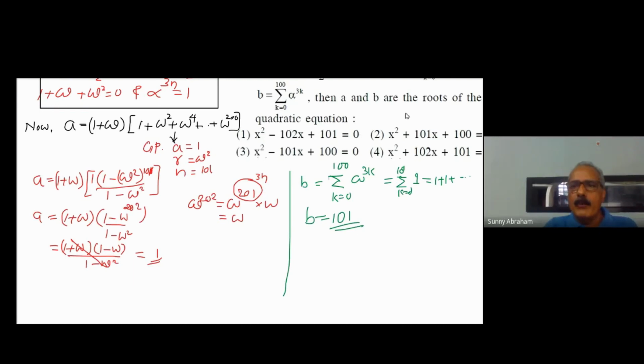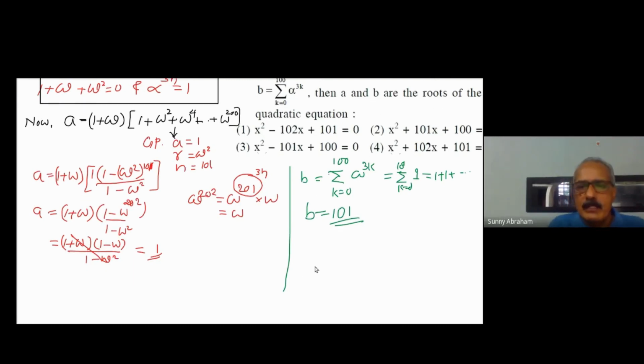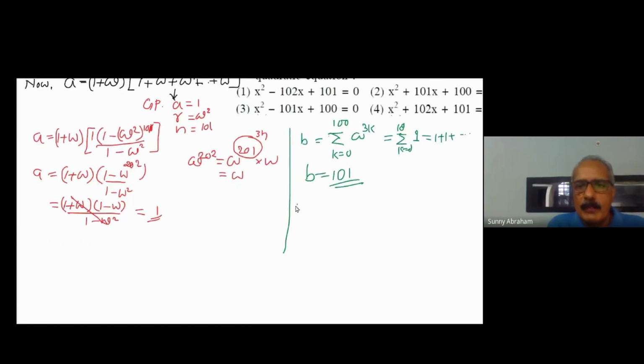Now what do you want? A and B are the roots of a quadratic equation. What is the quadratic equation formula now? Therefore, the quadratic equation is x square minus (sum of the roots, a plus b) into x plus product of the roots, that is ab, equal to 0. We calculated both.